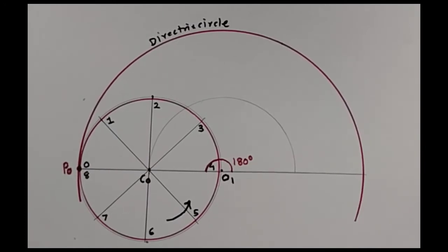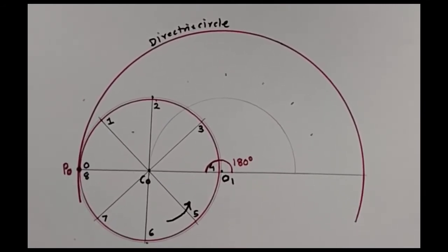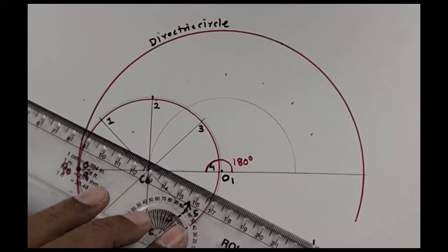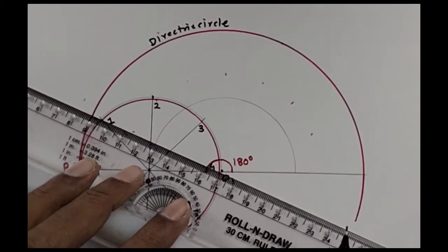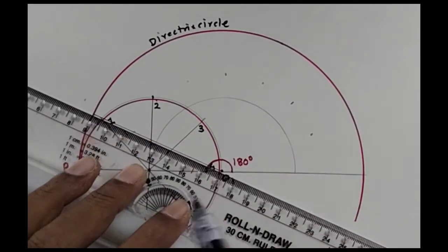I divide the 180 degree angle into 8 parts, so each part becomes 22.5 degrees. Then we draw the light lines up to the directrix circle.